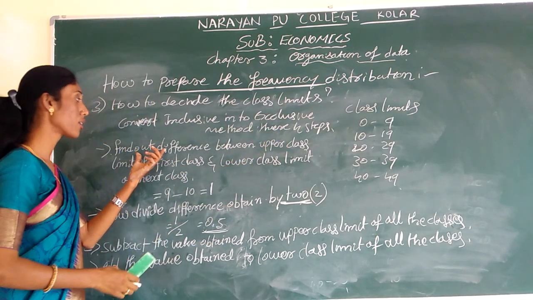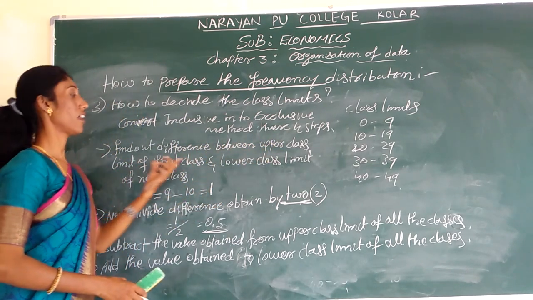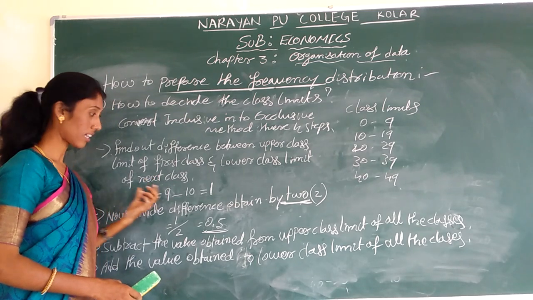Are you got it? First we need to find out the difference between the upper class limit of a first class and the lower class limit of a next class.